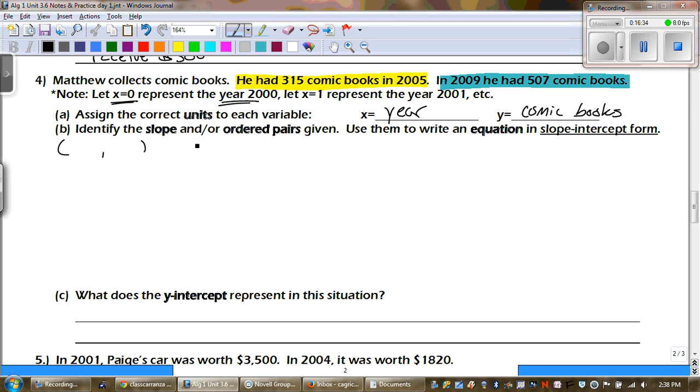They gave me 4 things, so I'm going to have points. And let's look at the yellow first. We got our y and our x. So I know that x is the year and y is 315.